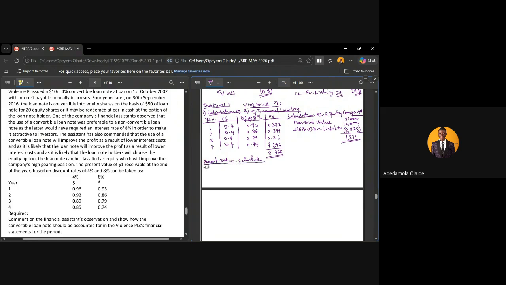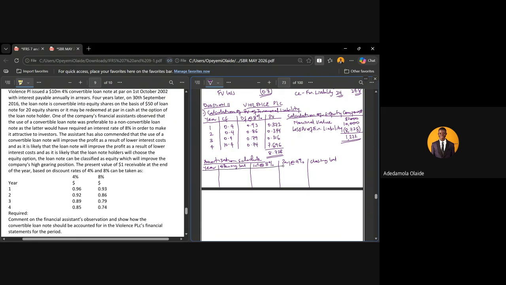The schedule will have the opening balance, interest at the effective interest rate of 8%, the payment at the nominal interest rate of 4%, then the closing balance.